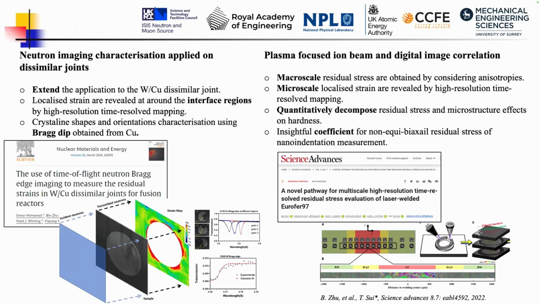So this is the showcase of how we developed and successfully applied the combined plasma focused ion beam digital image correlation with the nano-indentation techniques in quantifying those residual stresses. With such success and confidence in evaluating the residual stress, we'll be moving on to the applications of the dissimilar joints.